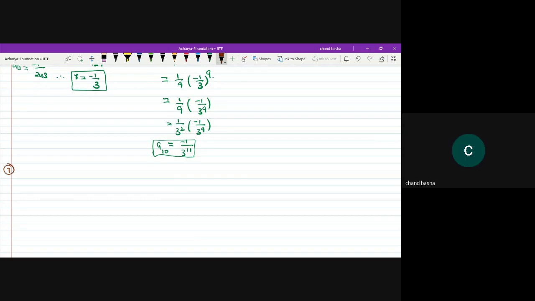The next problem is: find the nth term and 10th term of 5, 25, 125, and so on. Make it fast.